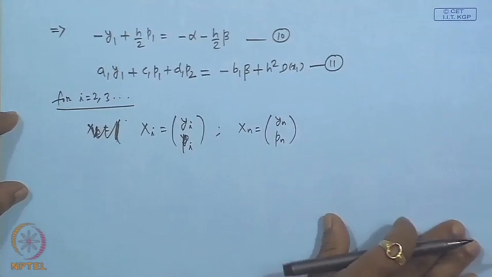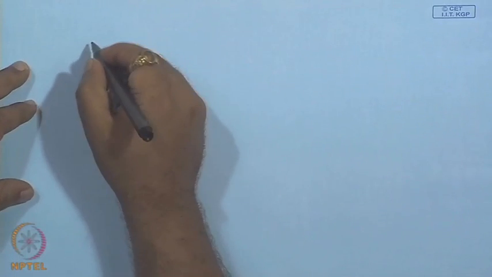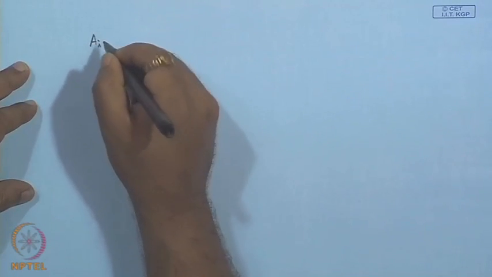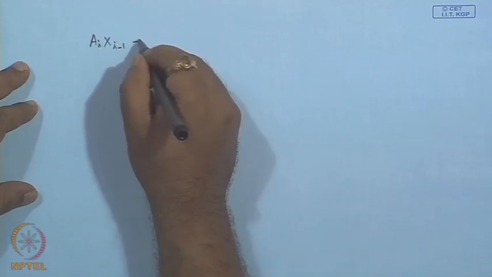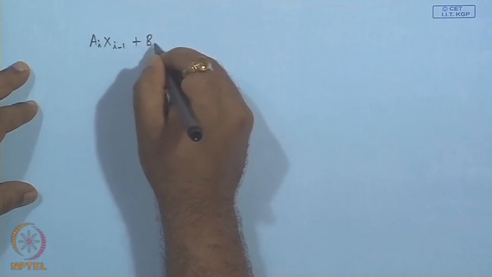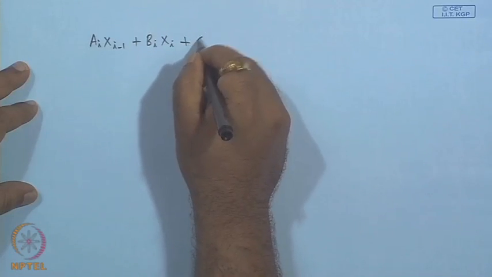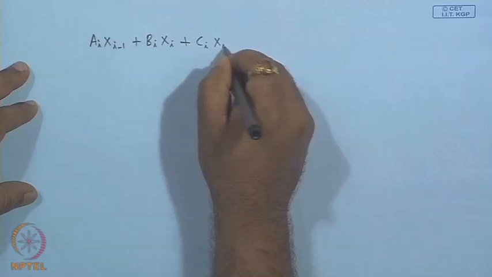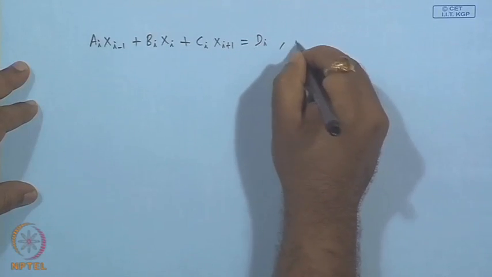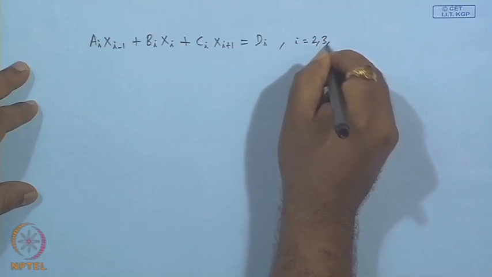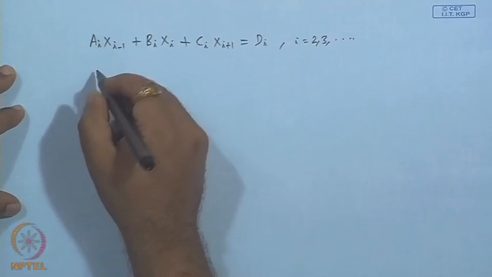this can be written as A I plus B I plus C I equals D I, and what is our notation?